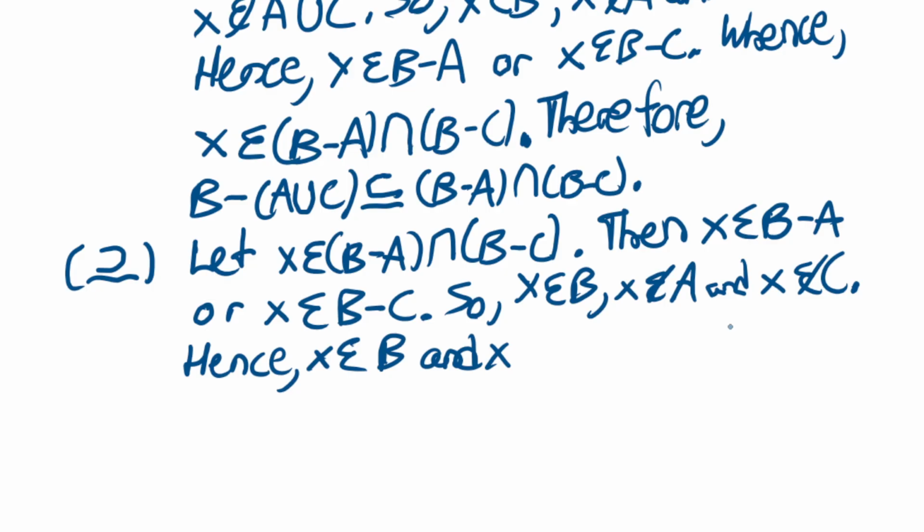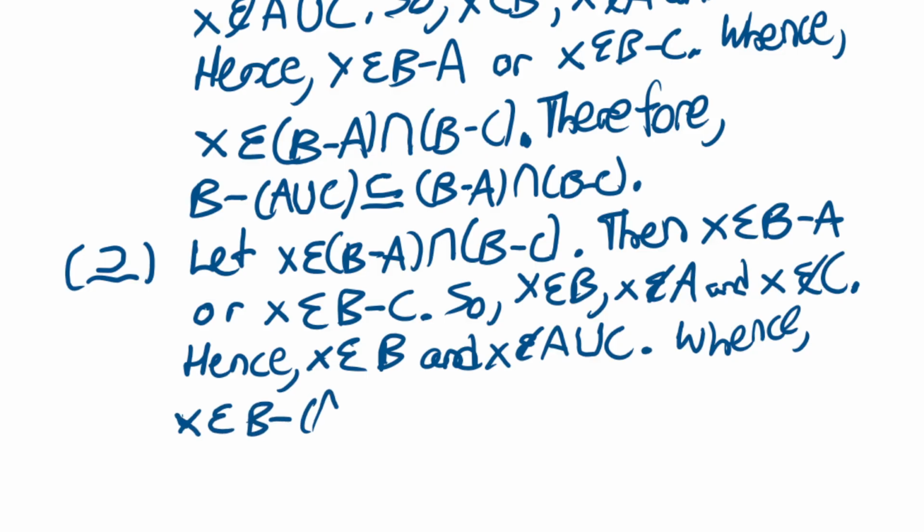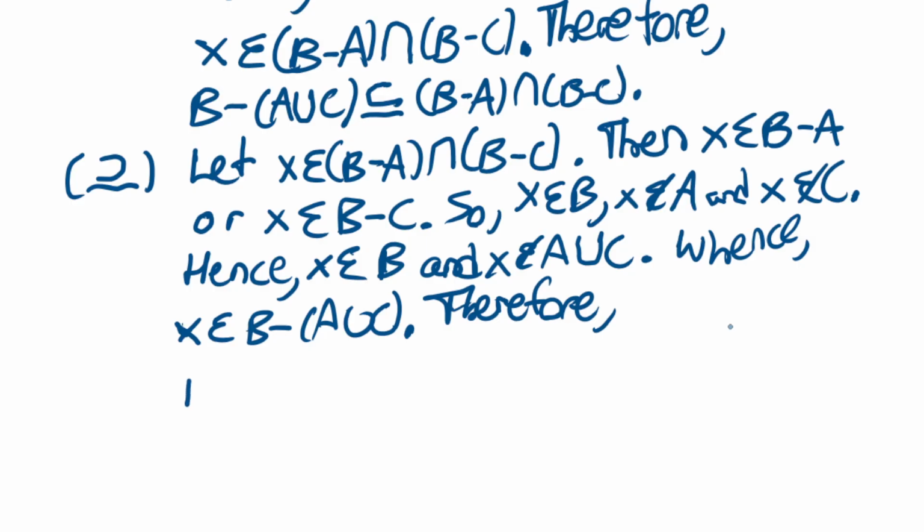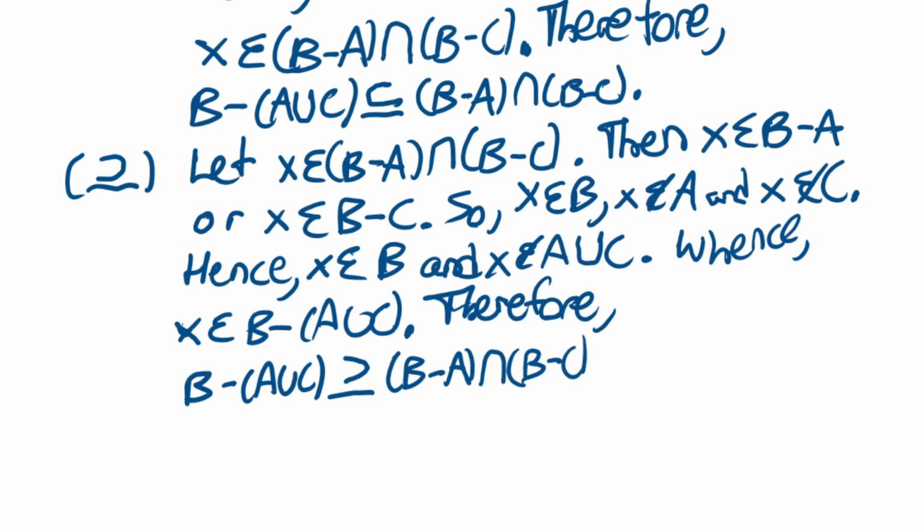And X is not an element of A union C. So whence X is an element of B minus A union C. So, therefore, we have shown that the difference of B minus A intersection B minus C contains the difference of B minus A union C, as desired.